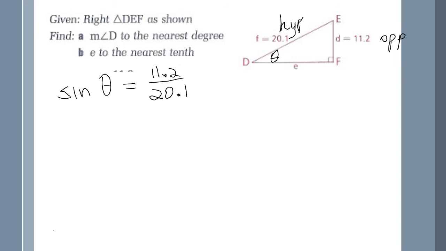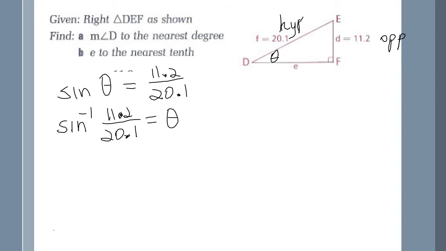Now, since we are looking for the angle measurement, we want to use the trigonometric inverse of the sine. So the inverse of sine, with the symbol of -1, and 11.2 over 20.1 is that ratio. That's what we're going to plug in. That's going to equal theta. So those two switch places.